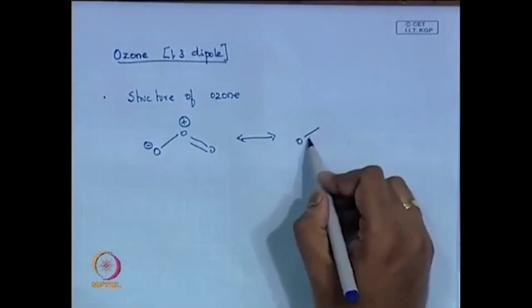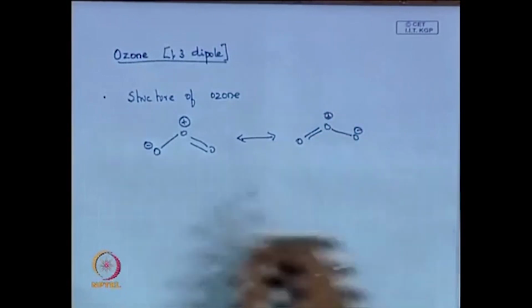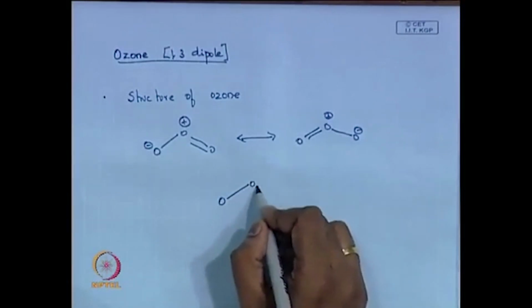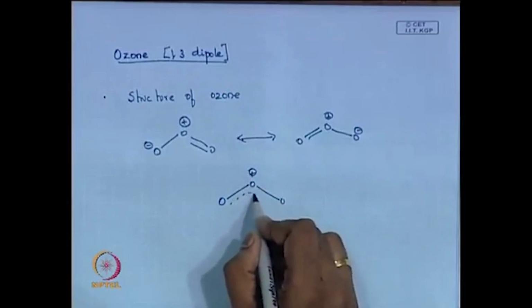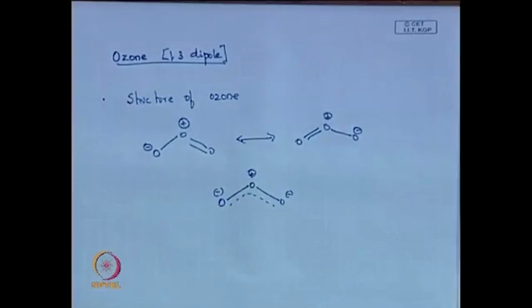So, I can have O double bond O plus O minus. Simply, if you draw it commonly, it can be done like this, right. That is the structure of ozone, which you know very clearly, just to show you.